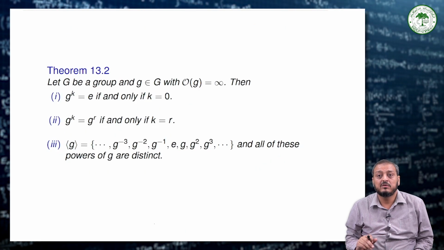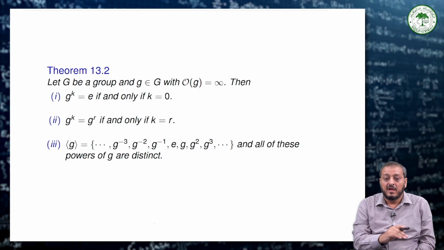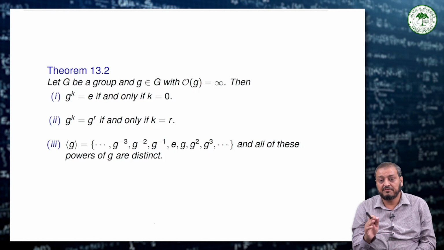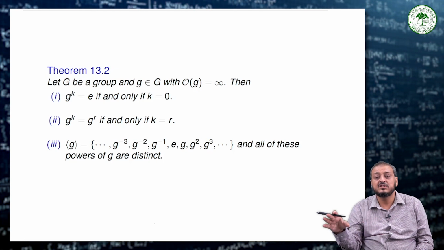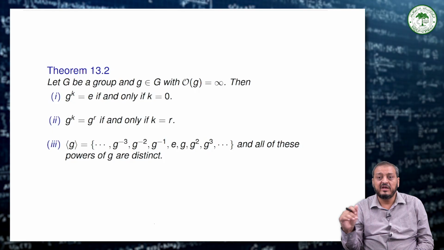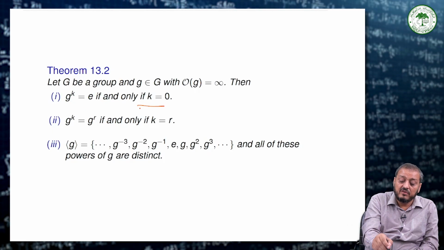Okay, now we have to transfer the same theorem to the case where the order of g is not finite. Let G be a group and g an element of G, but the order of g is infinite. Then we can say that g to the power k is equal to identity if and only if k is equal to 0.